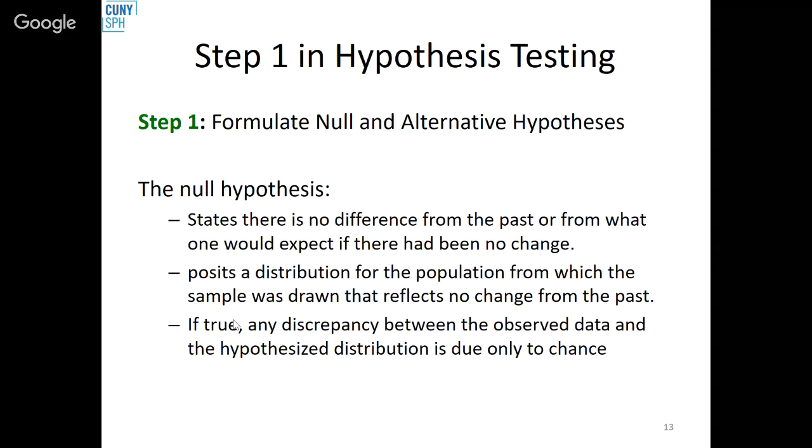Well, if the null hypothesis is true, then whatever that difference is between our sample mean and what we expected from the population is just due to random sampling variability, not to anything else. That's what the statement of the null hypothesis is. It says that the discrepancies that we see from that null distribution for the known population is only due to sampling variability.